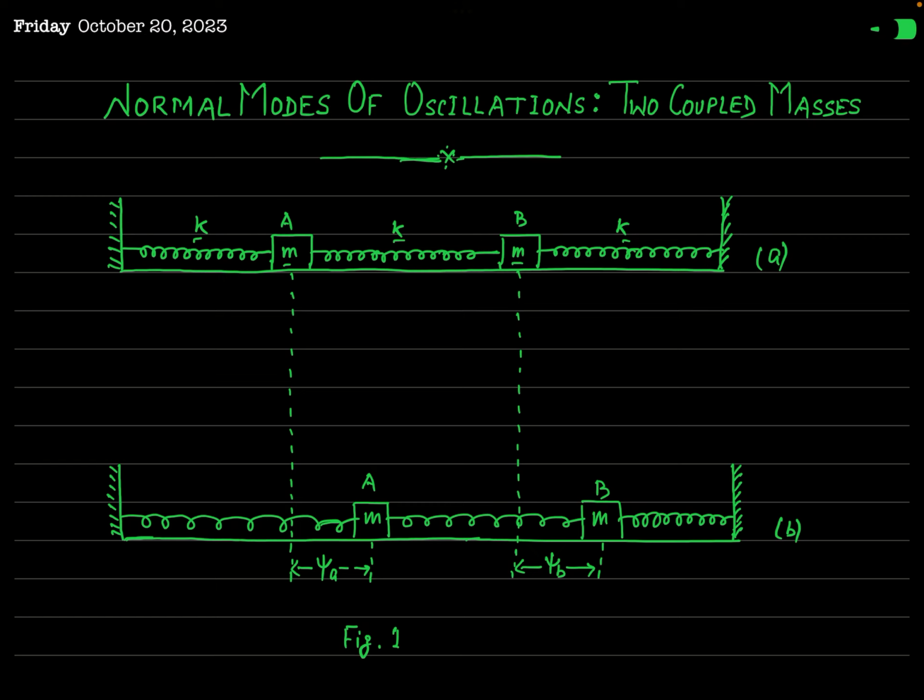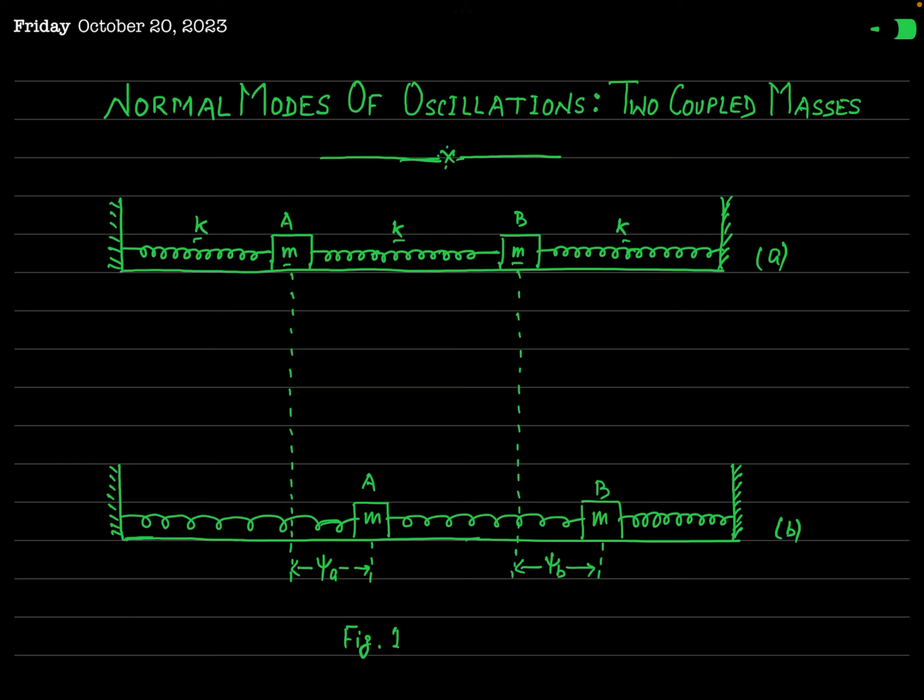In fact, in this example, you will see there are two possible modes of oscillation. We will discuss finding the normal modes of longitudinal oscillation and the transverse oscillation separately.